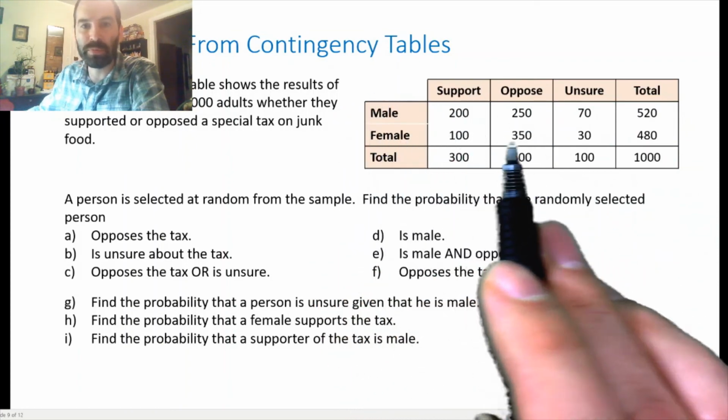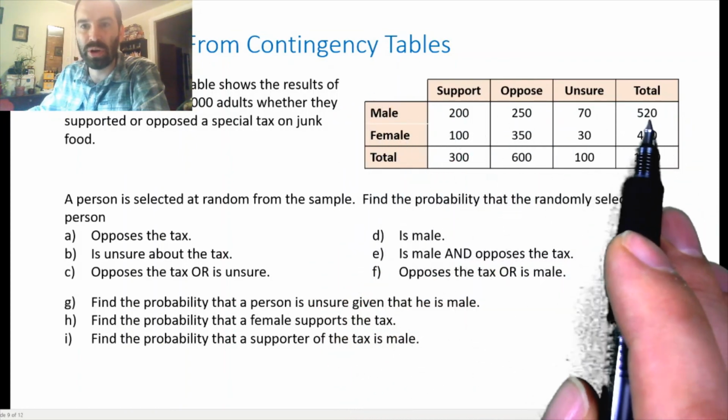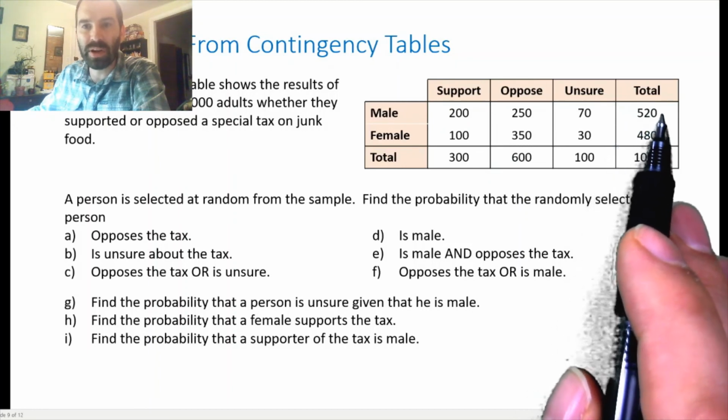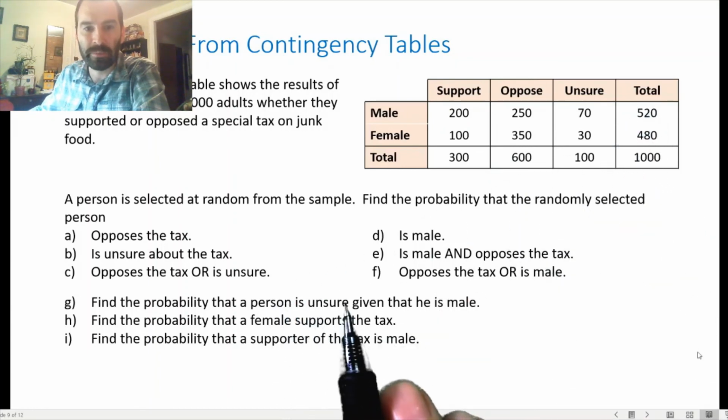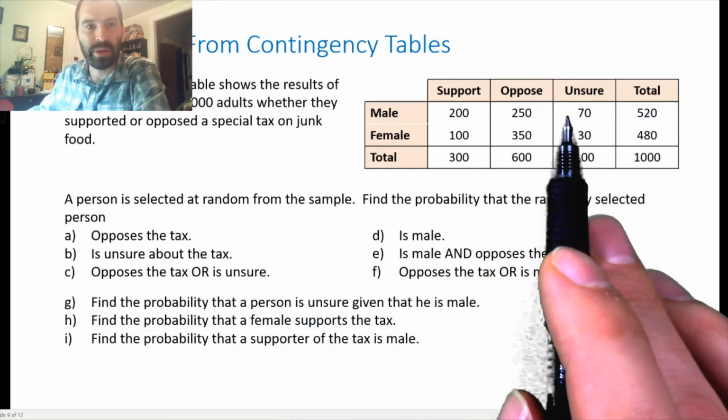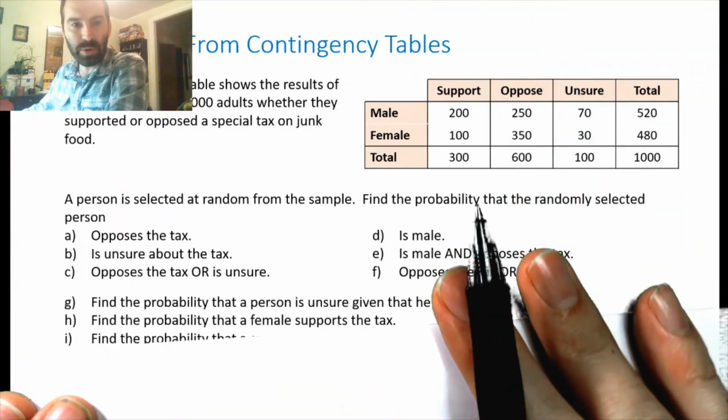So the total number of people we're dealing with now is 520. Now, among those 520, how many people are unsure? Well, 70 of them. So what's the probability for this one?